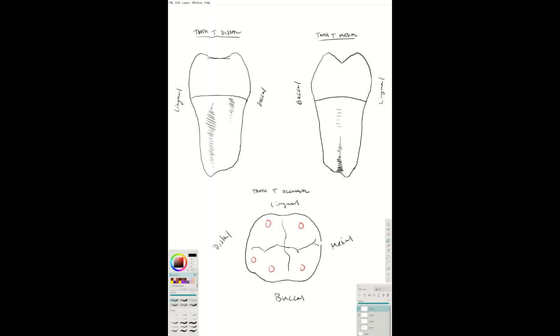This one does have a prominent central groove. Again, it's kind of wavy as it moves through the occlusal plane, so make sure you have that angular shape to it.